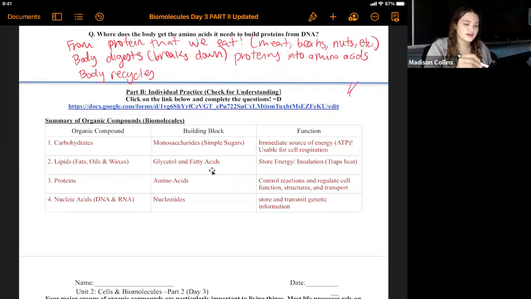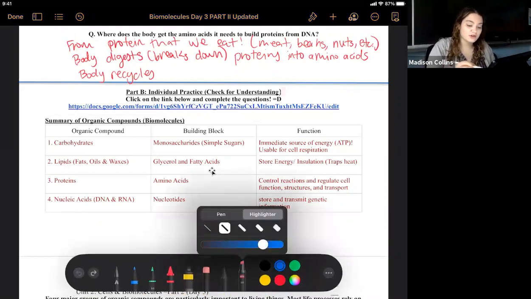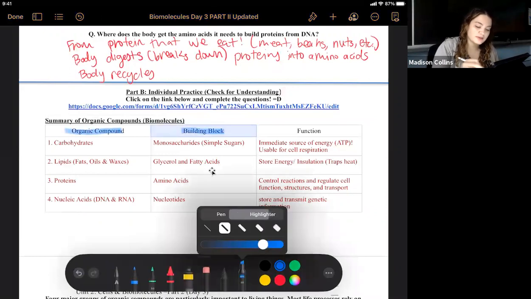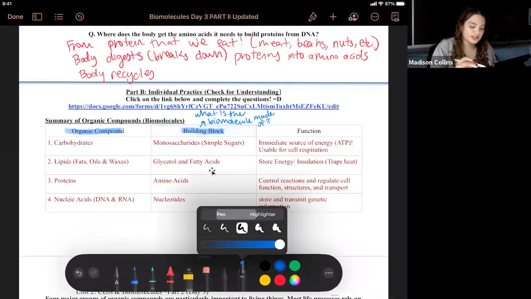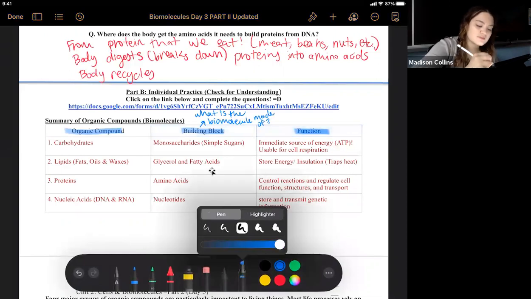In this chart, I've given you the organic compounds, the building block, and when we say building block, we're talking about what the biomolecule is made of. And I've also given you the function, which is what that biomolecule does.